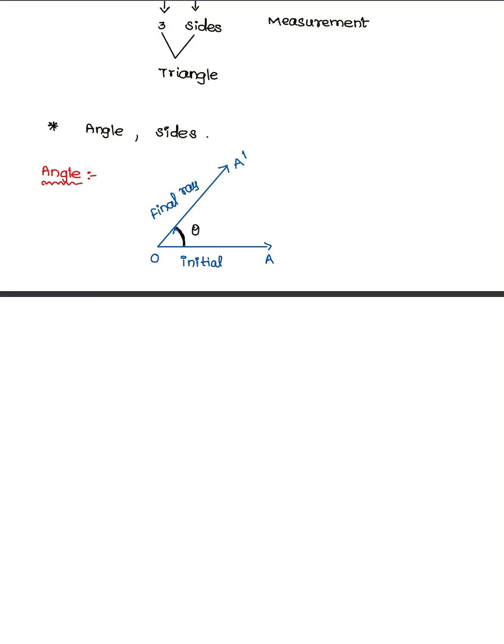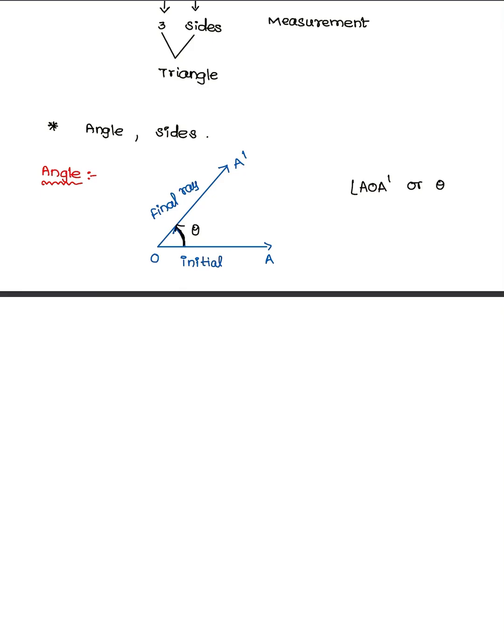So we denote that with either theta or alpha, beta, gamma and so on. Or you can also write angle AOA dash. Not A dash OA. It is starting from AO. So you have to mention it as angle AOA dash, or with the letter theta you can say. But not angle O or angle A dash OA.